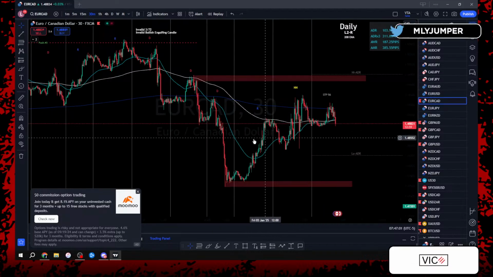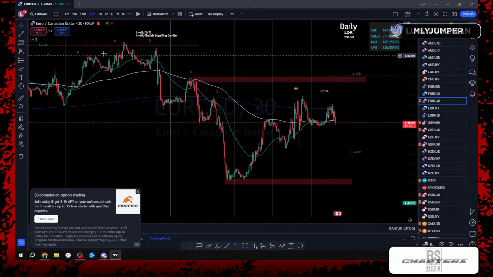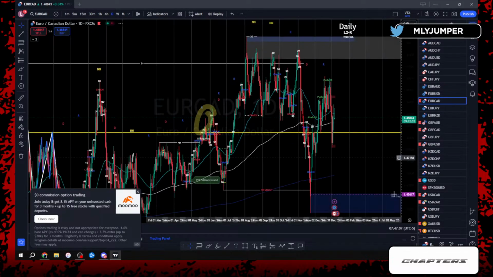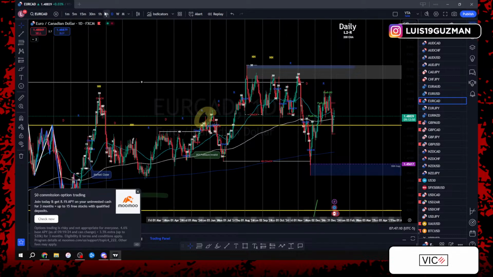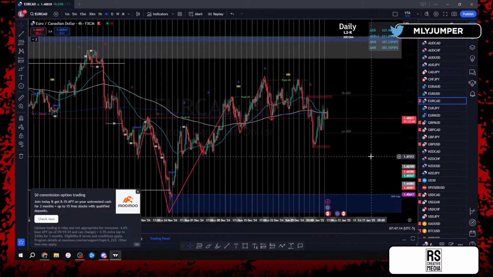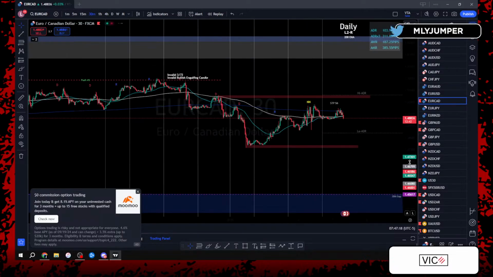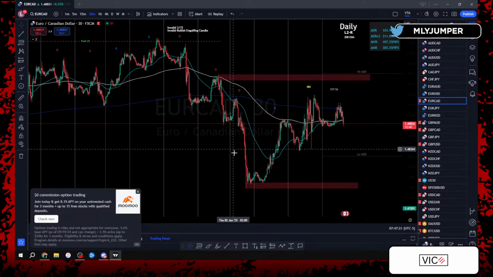Euro CAD, same thing, still making lower lows, lower highs. Hasn't given us STP just yet, but again, based on market structure, this is a pair that we still have a gap at the bottom of the market, so I'm still not expecting price to continue to push to the top side. We're also still making lower lows and lower highs in the 4-hour time frame, right? And in the 30-minute time frame, same thing, lower low, lower high, lower low.